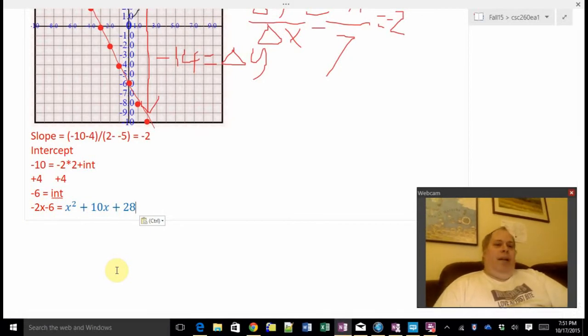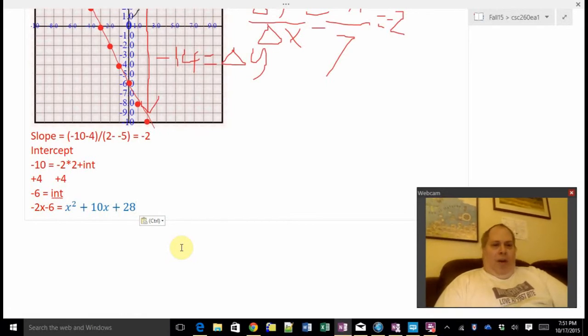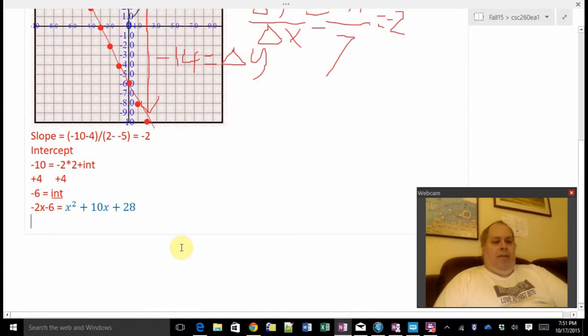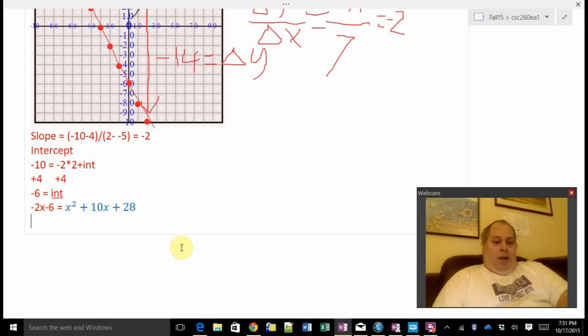Now, because this is a quadratic line intersection, there are usually two intersection points. Sometimes there'll be none, sometimes in rare cases only one, but most of the times there are two. Just like there are usually two roots of a quadratic, but sometimes there are none, and every once in a while there is one.